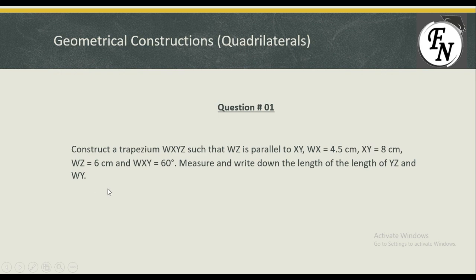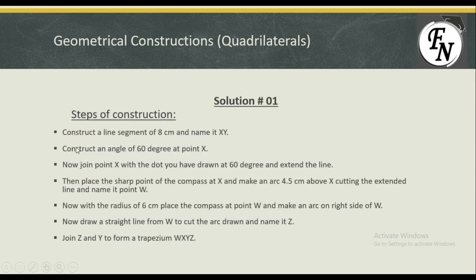So let's look at the steps of construction first. We need to construct a line segment of 8 centimeters and name it XY. After that we need to construct an angle of 60 degrees at point X. After that we will join X with the dot we have drawn earlier, and then we will extend that line.